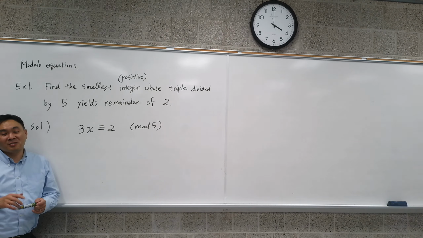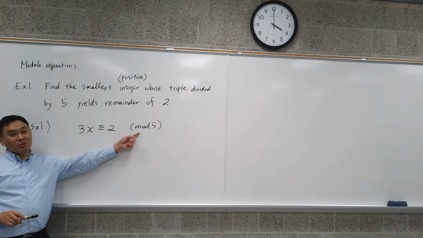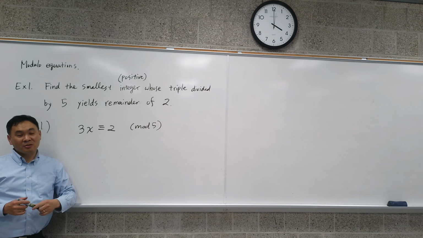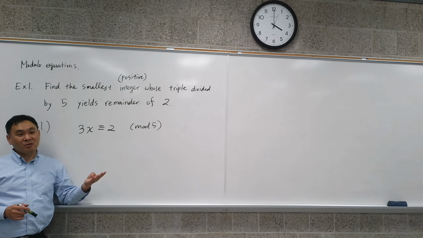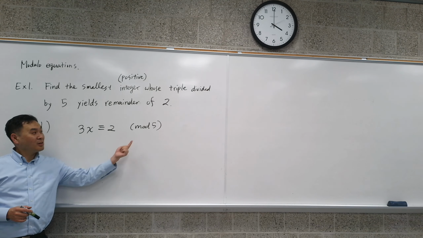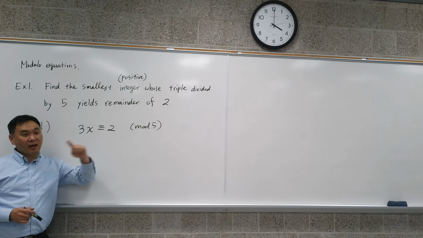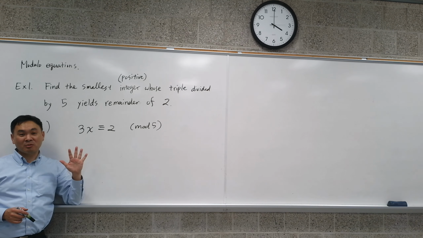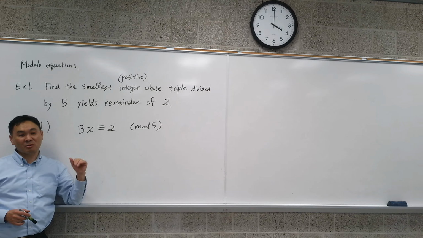So the hint is this: what are the available numbers in mod 5? 0, 1, 2, 3, 4. That's it. In the mod 5 world, every integer is one of those 5 numbers. Not 5, because 5 is the same as 0. Do you agree?